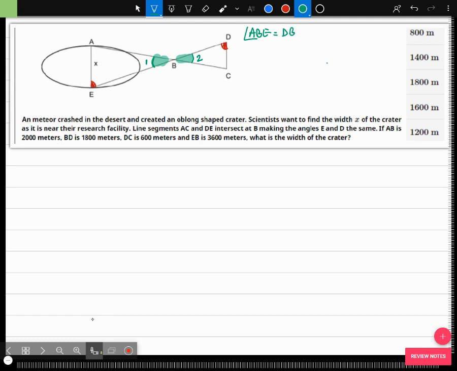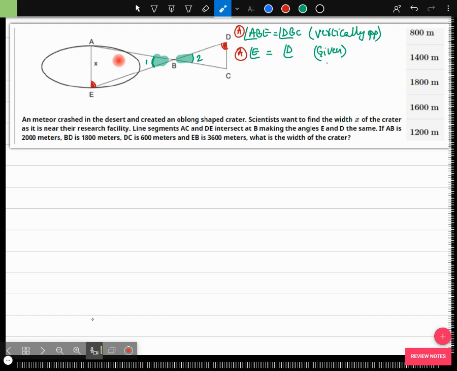These two are equal because vertically opposite angles are equal, right? And it's given that angle E equals angle D. If these two pairs of angles are equal, I would say that these two triangles are similar.